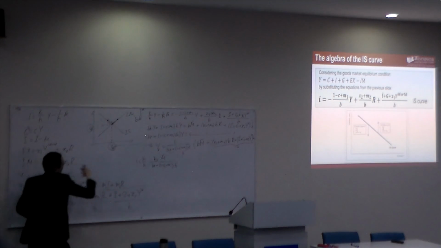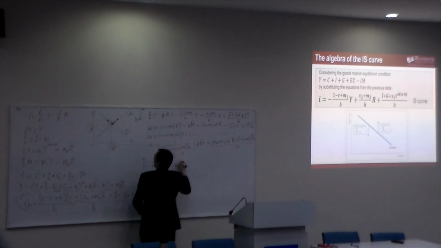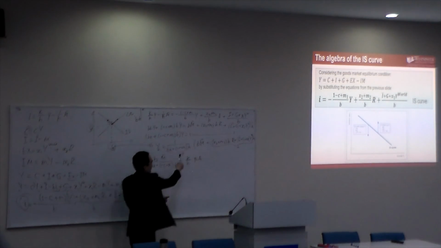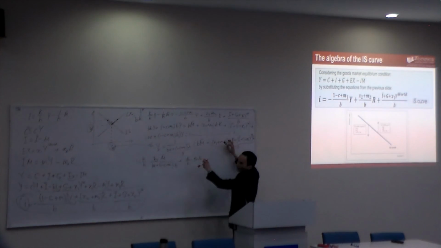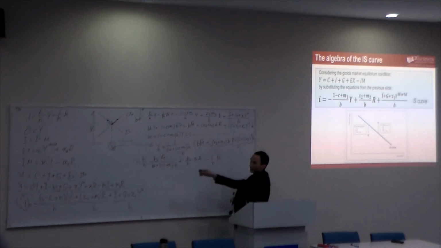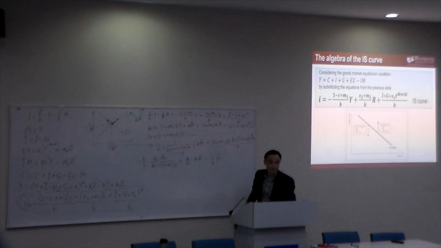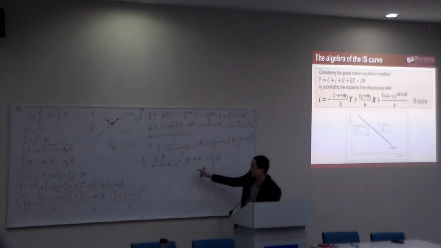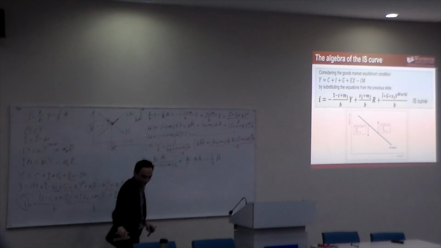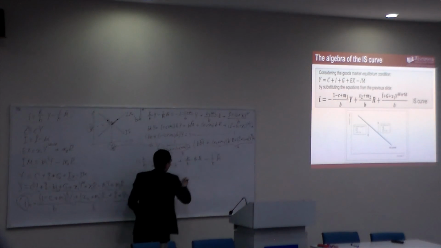And now KH plus KH times beta A, this one, minus 1 over H. Oh, sorry, it's H.